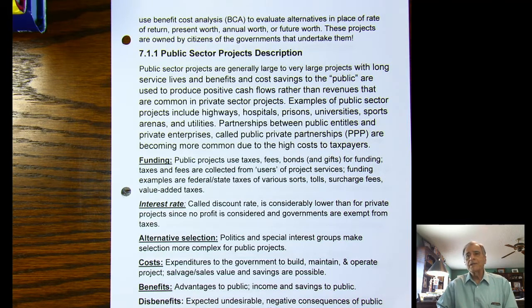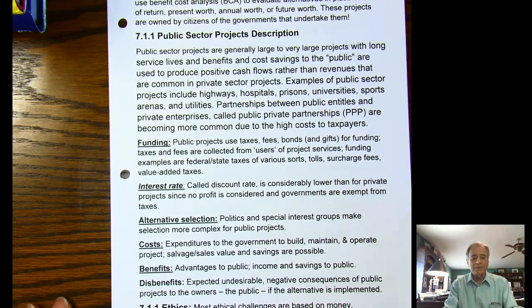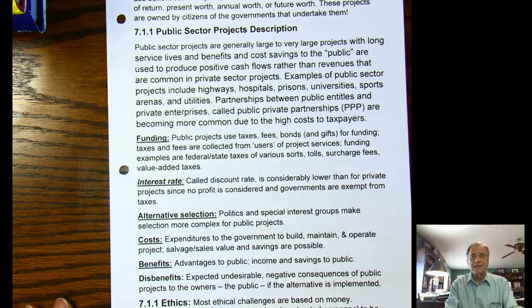Whereas a public sector project may be influenced by how many votes it might influence, and so on. So politics does have an influence on public sector projects, even though we would hope it has a small influence, not a big one. That may not be the case either.